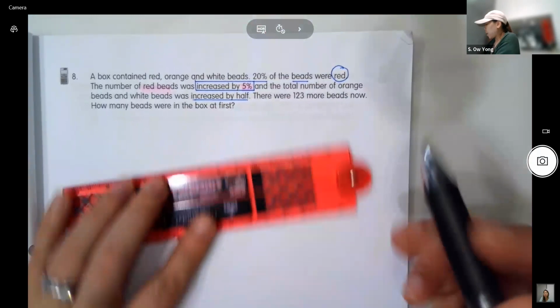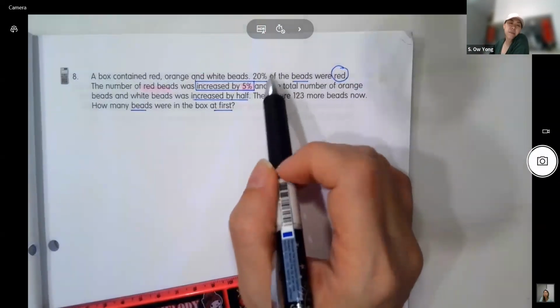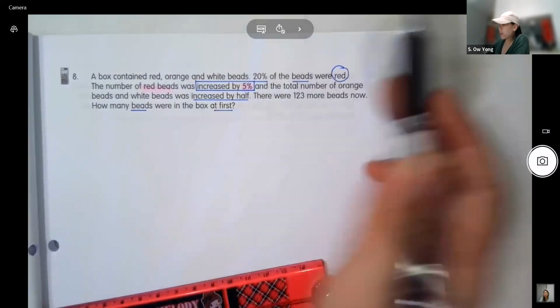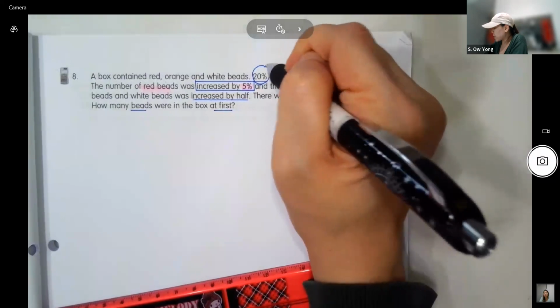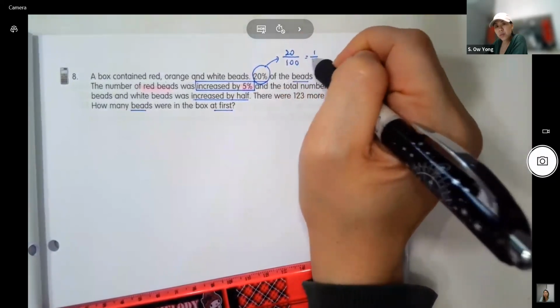So I'm going to draw a model. They say that the box contained red, orange, and white beads. 20% of the beads were red. So by now, you know 20% is 20 out of 100, which is 1 out of 5.